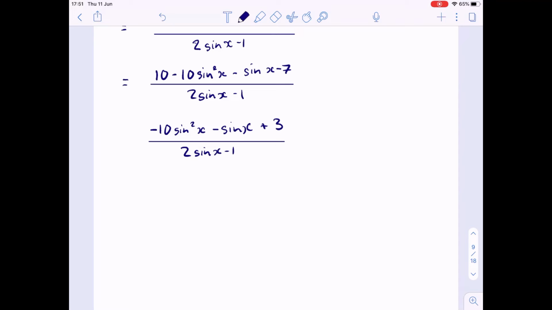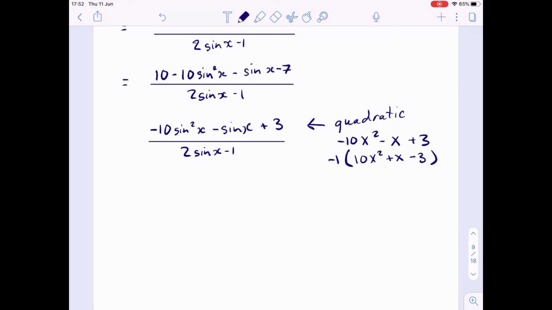Now, I'm not a huge fan of negatives in front of my squared terms. So first off, we have to note that this is a quadratic. Okay, so it might be worth you thinking of this as minus 10 x squared minus x plus 3 if you want to. And if we do start thinking about it like that, I'm going to try and times everything by minus 1. So I'm going to say this is minus 1 times 10x squared plus x minus 3.